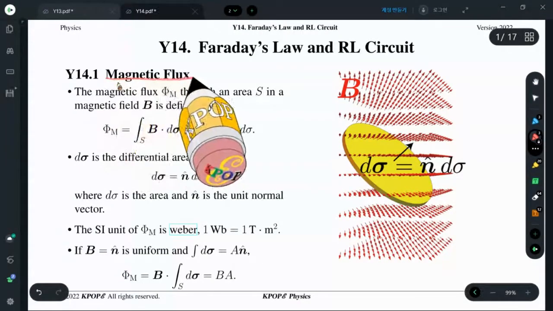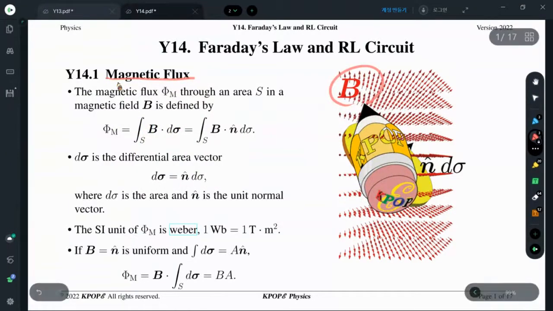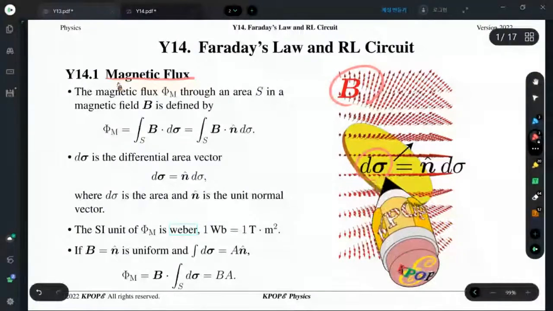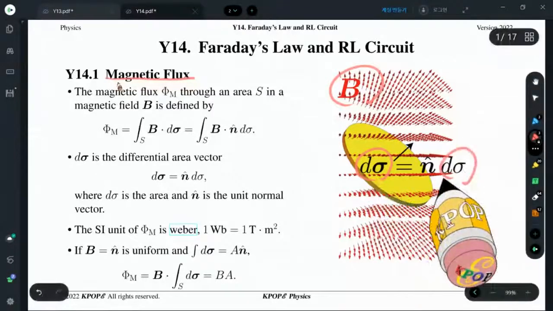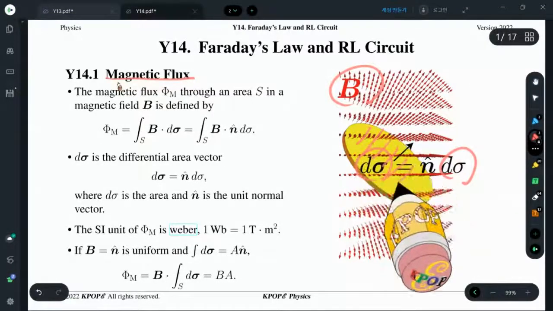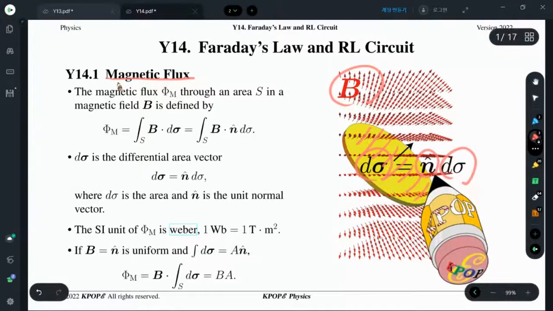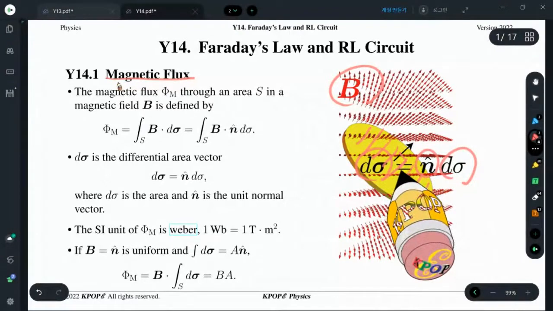We consider magnetic flux. In the presence of a magnetic field, we introduce a surface element, d sigma, represented by a vector whose magnitude is the area of this surface element, and n hat is a unit vector perpendicular to the surface.